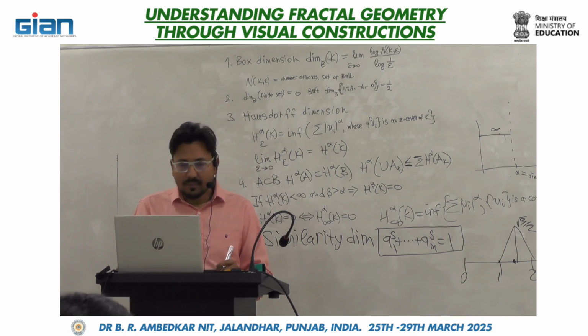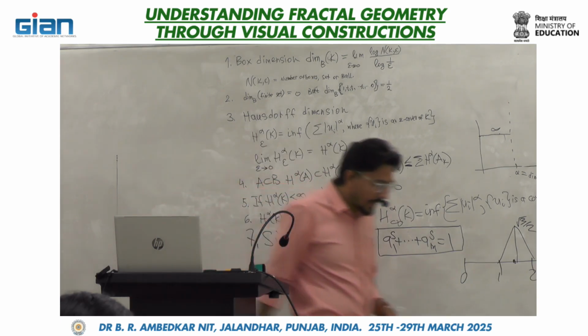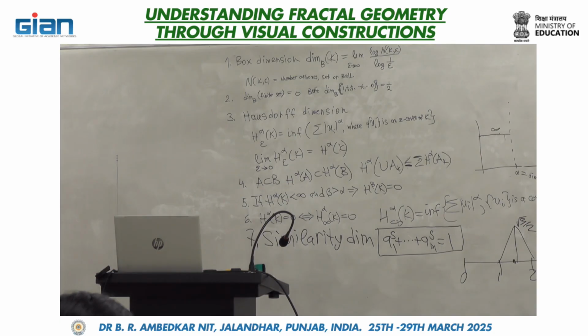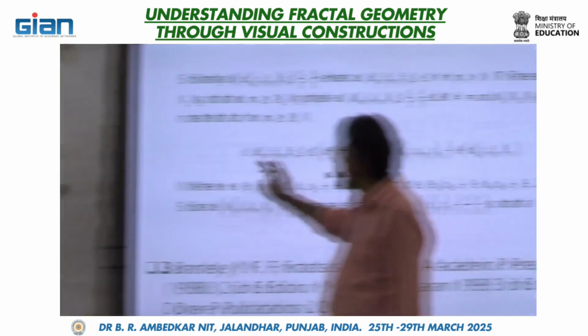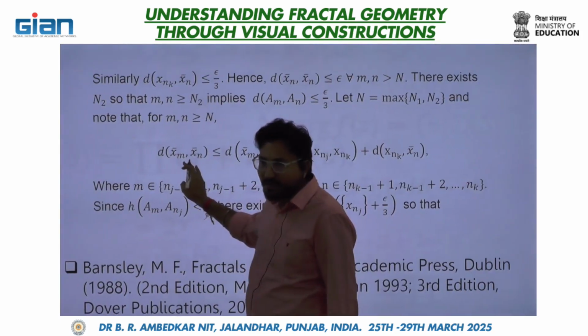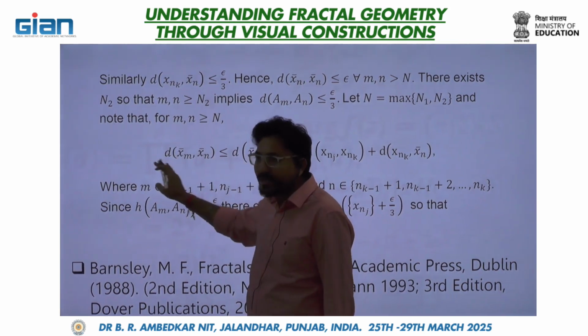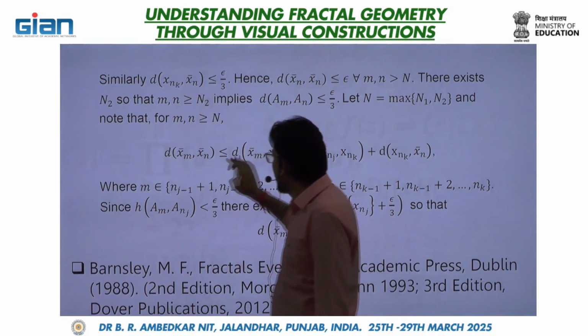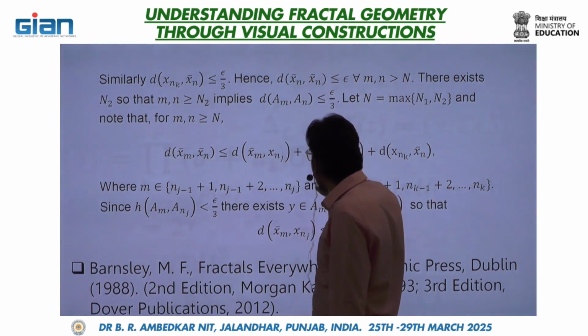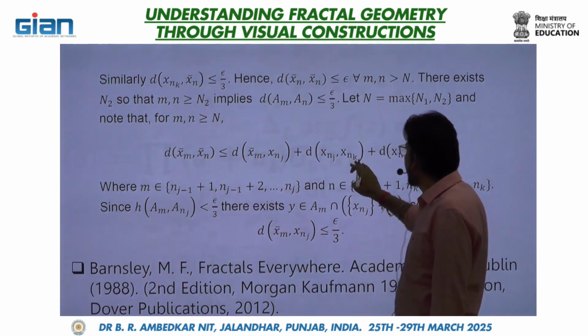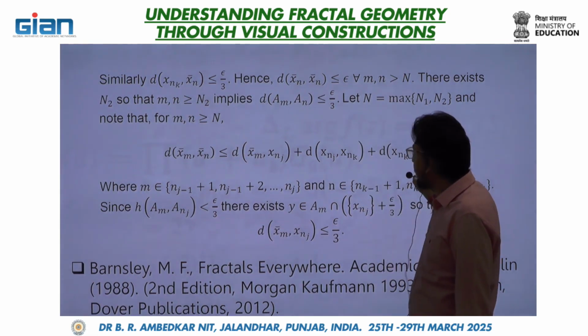Okay, so how to prove this? You always see this type of thing. Suppose we want to find the distance between x̄_m and x̄_n, then you just apply the triangle inequality and try to break it, right? So d of x̄_m to some x_nj, and x_nj to x_nk, and x_nk to x̄_n.